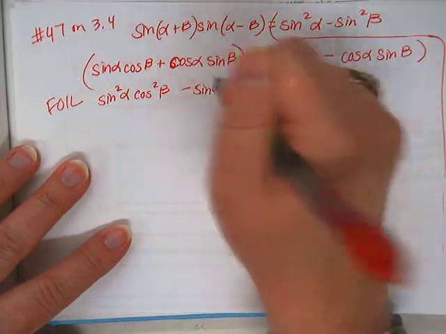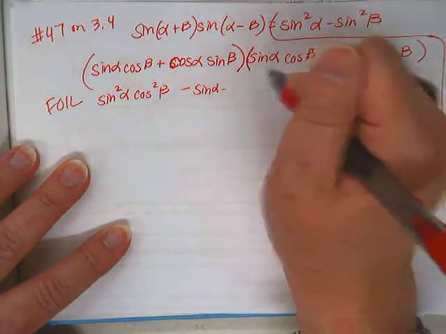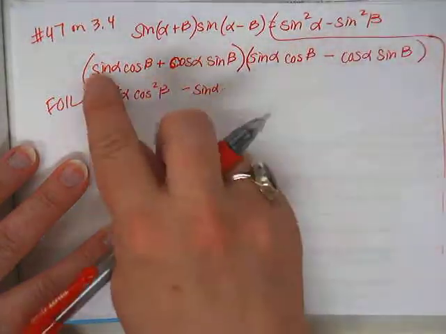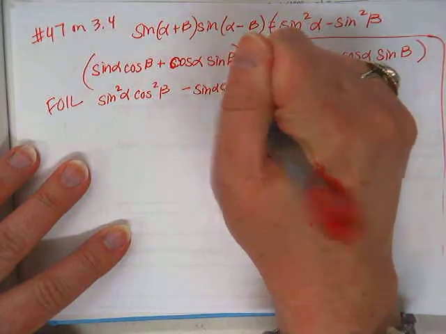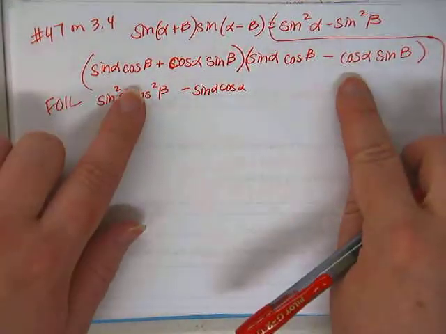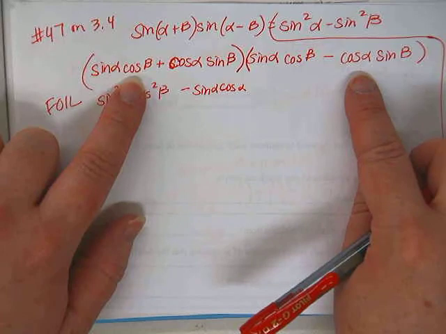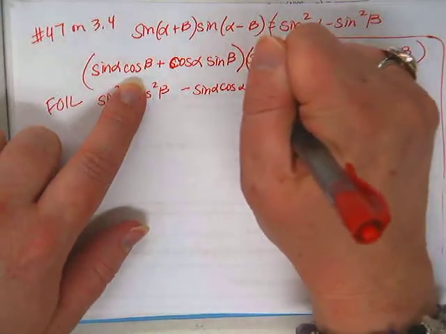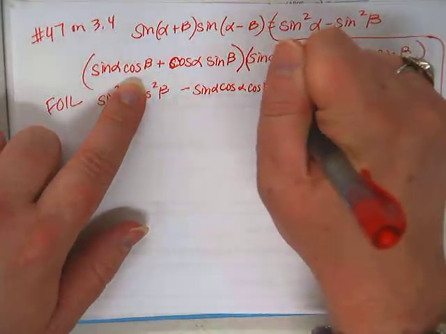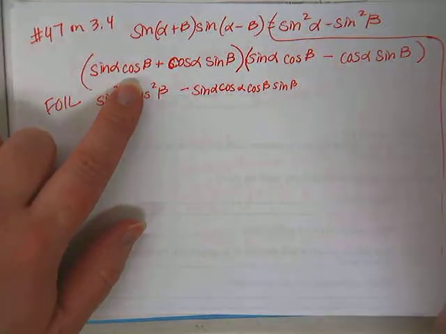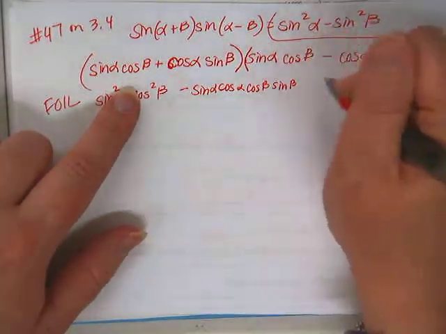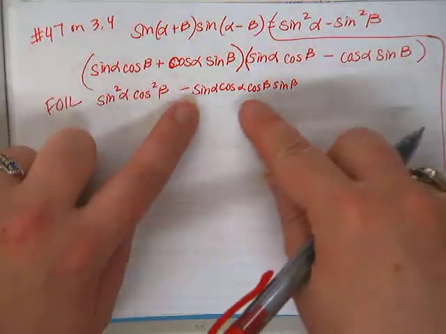Negative sine alpha times, oh wait, that negative's already there. So sine times cosine makes it negative, and I'm just going to write cosine. There we go, sorry. And then cosine beta sine beta. That's kind of ugly, and I really could have noticed something and not had to write that out. Do you guys notice what I could have noticed?